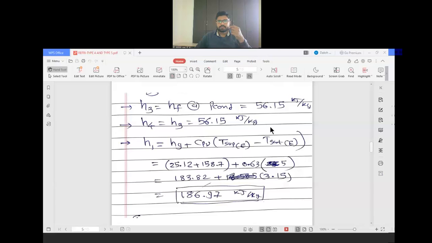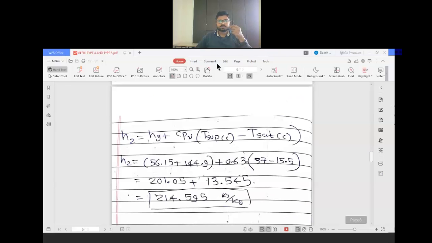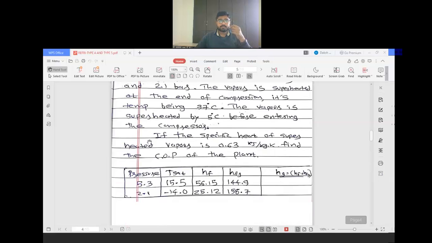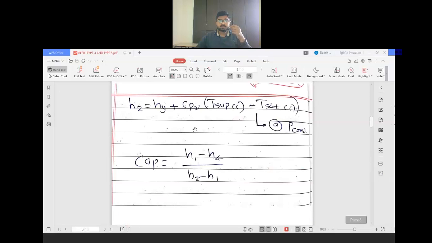But you need to remember that all the data for H1 you have to take at evaporator pressure. Clear? And for H2, all the values you have to take at the condenser pressure. Clear? So this is how we can find out the COP. I hope you have understood this properly. So this was our case number 4.